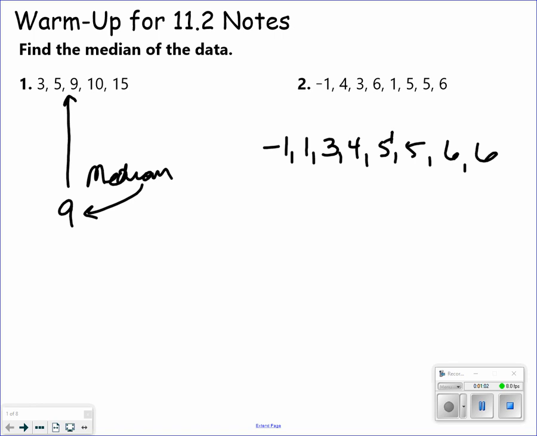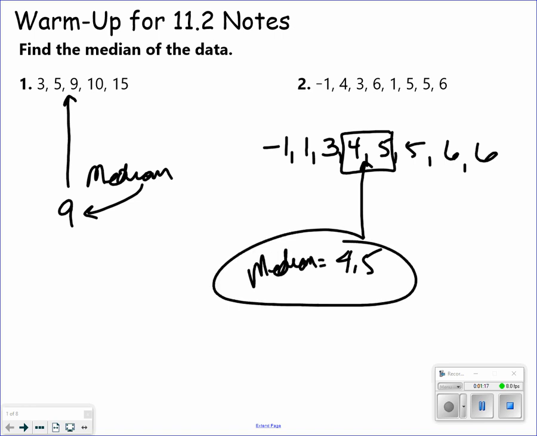So we're talking about the 2 numbers in the middle, 4 to the left and 4 to the right. And then I want the average, or the number in between those 2 numbers. So the median, or the number in the middle of this data set, is 4.5. It's the halfway point between 4 and 5. So that's a little bit of review from section 11.1.